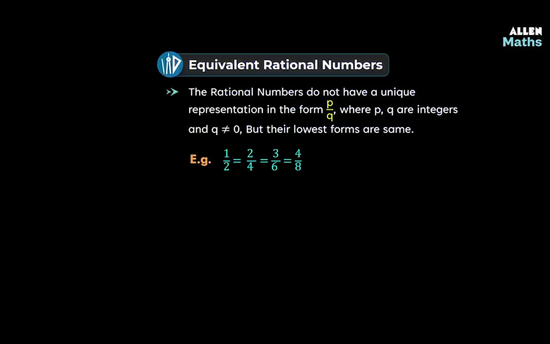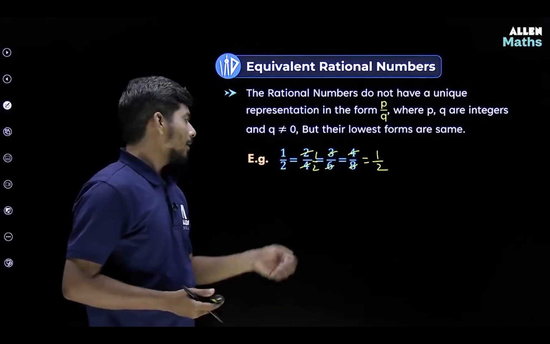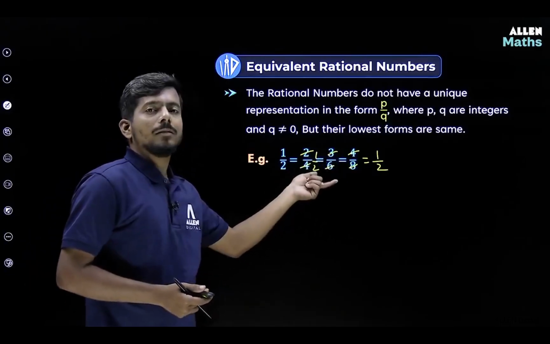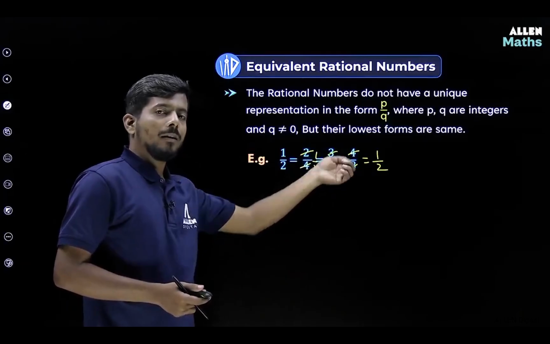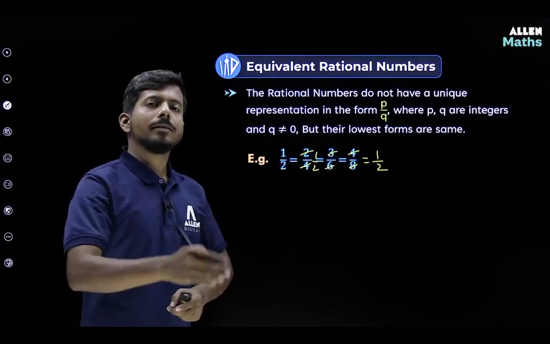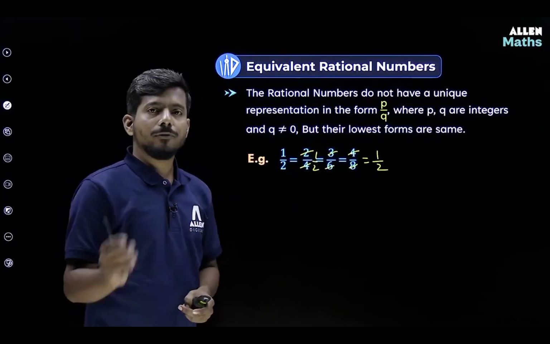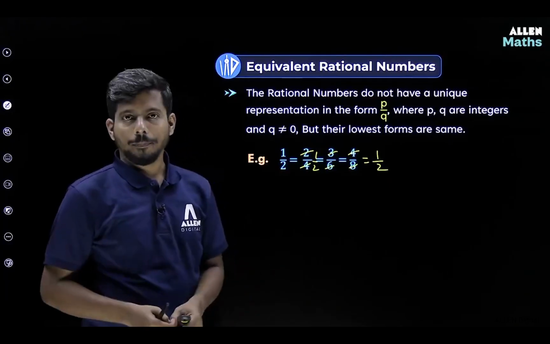Yes. If you simplify 2 over 4, you will get 1 over 2. Similarly 3 over 6 and 4 over 8, all of them will result in 1 over 2. What we observe is that the rational numbers seem to be different, but their value is the same, or when we simplify to the lowest form, they are actually the same.